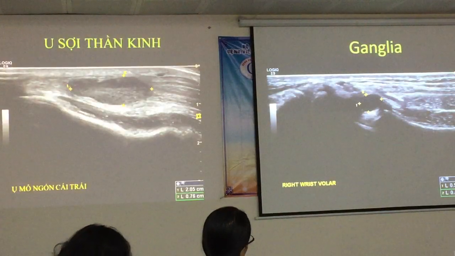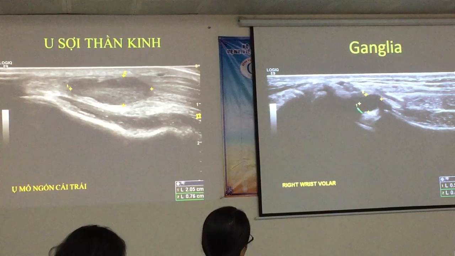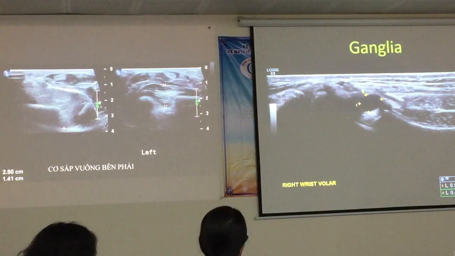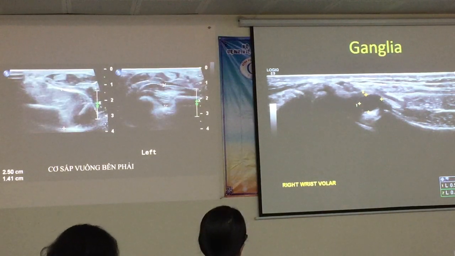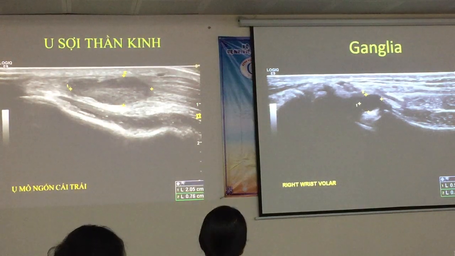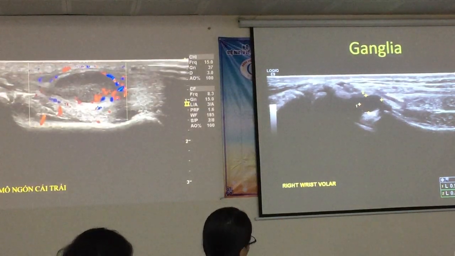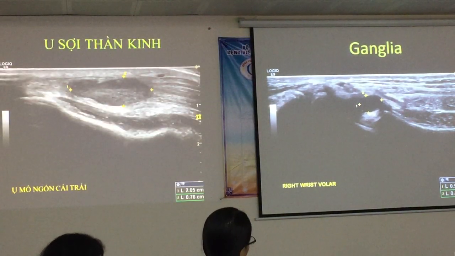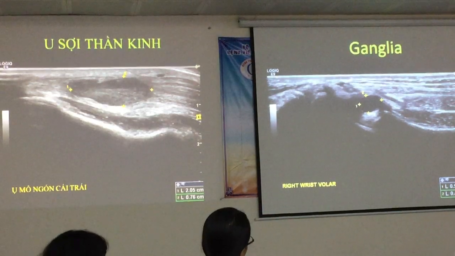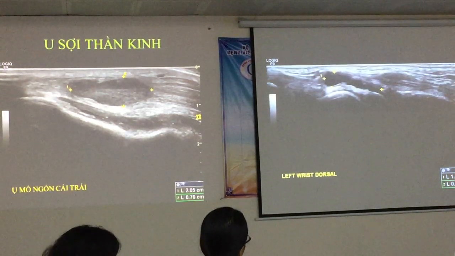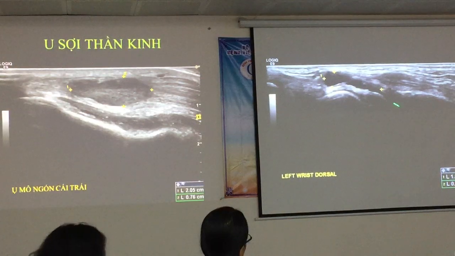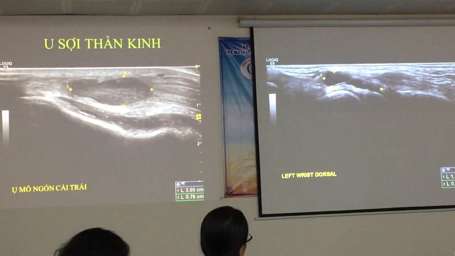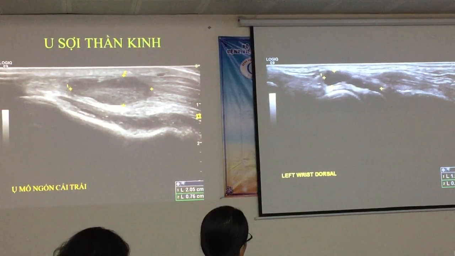Another thing that we commonly see is wrist ganglia. And these can arise from either a tendon sheath or a degenerative joint. And they've got variable presentations, and what we commonly do is inject the ganglia to try and rupture the ganglia.